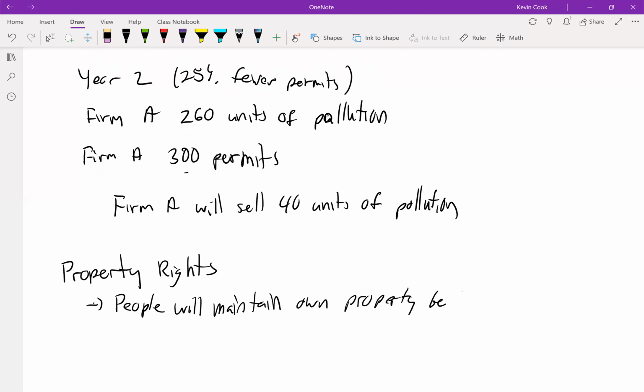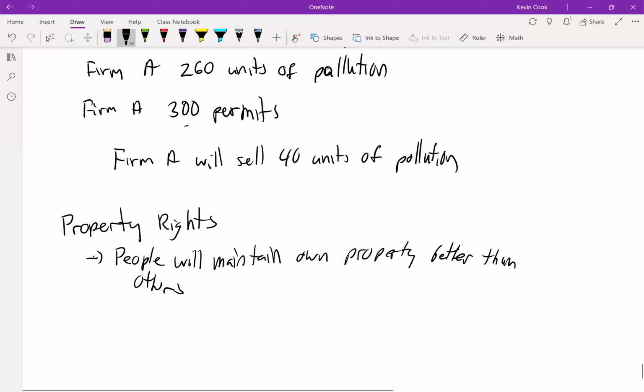So if we establish property rights, they can help make sustainable practices.